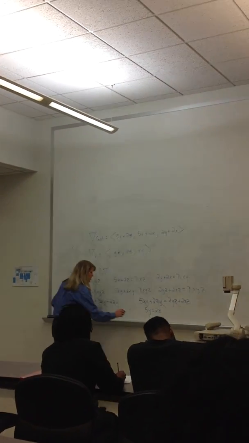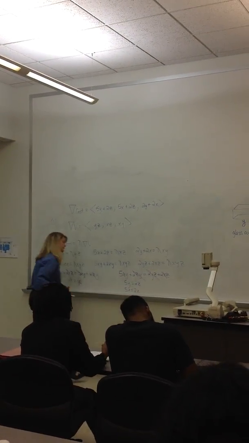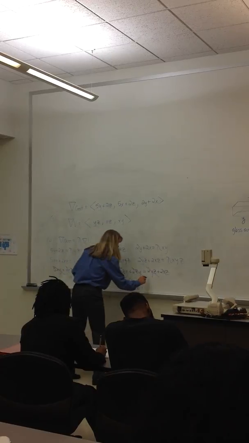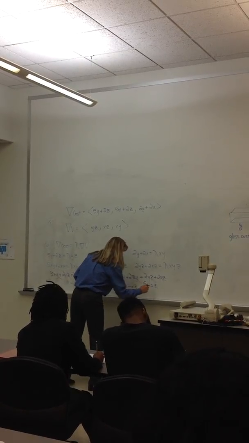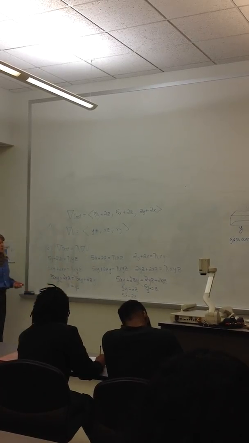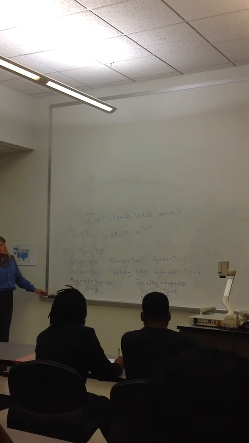So this also means that 5x equals 2z. So z equals 5 halves of the others. So x and y are equal to each other, and z equals 5 halves of x, which is also equal to y.